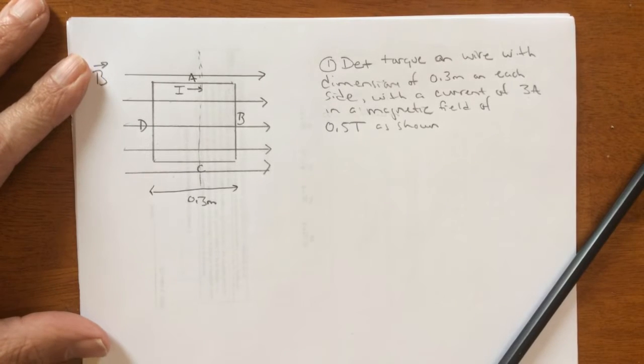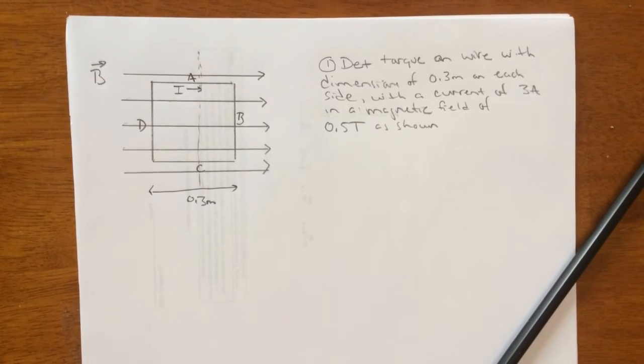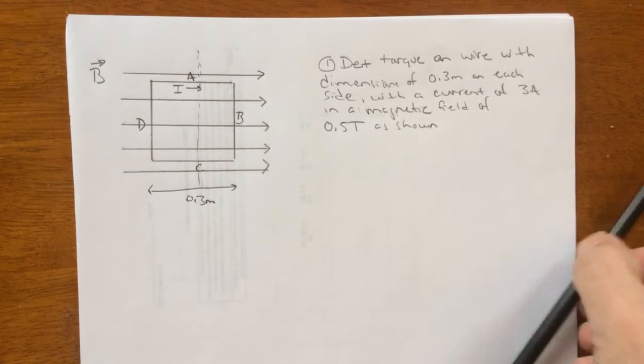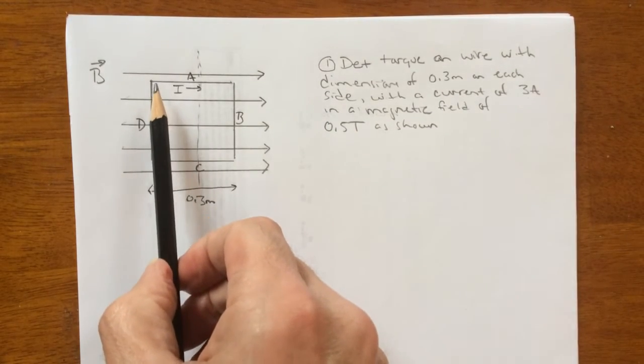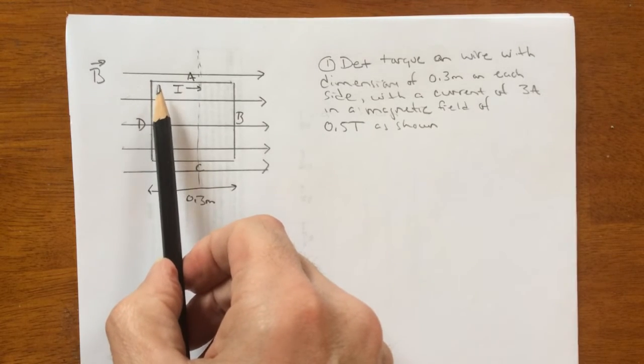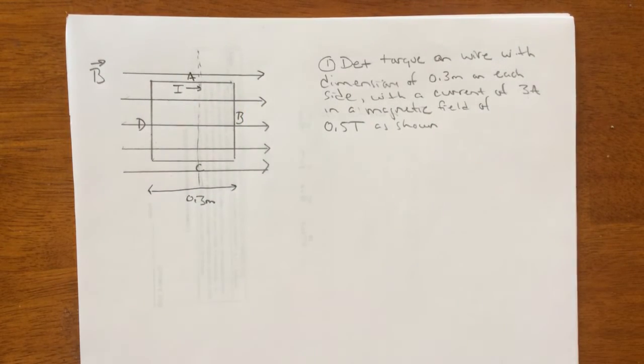So for A and C, the wire is not going to feel any force because we've got the charge flowing. It's moving, but it's moving parallel to the magnetic field, and so it's going to give us a sine of 0 degrees, which is 0.